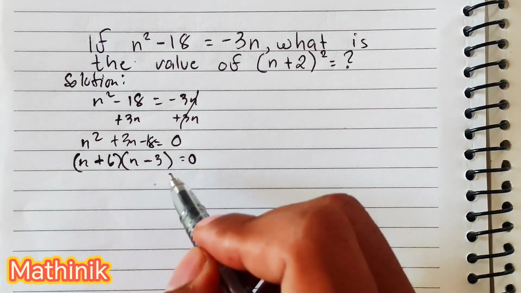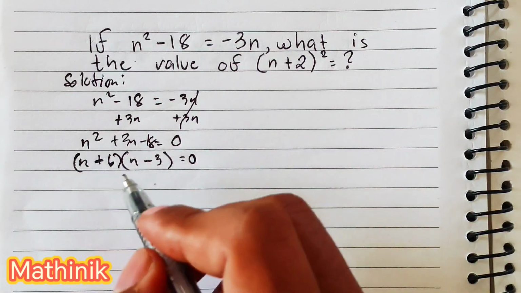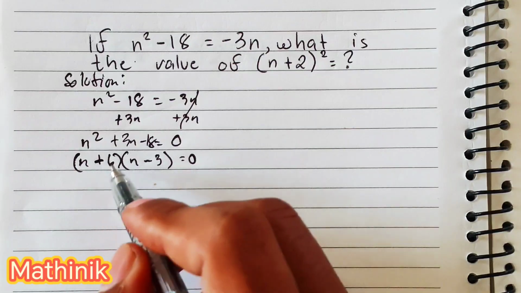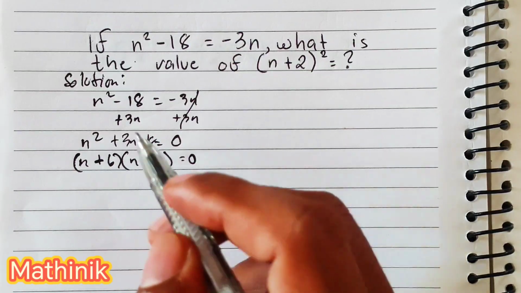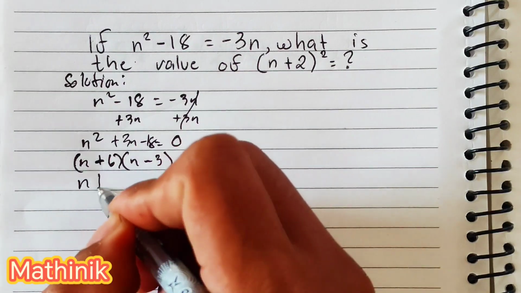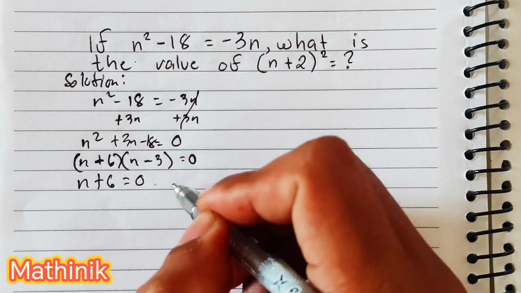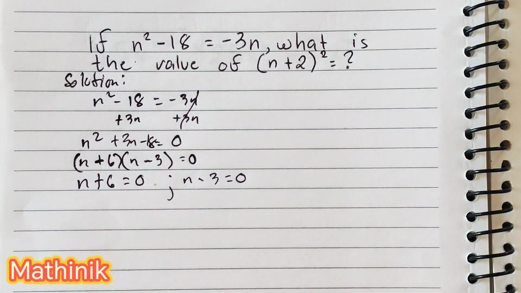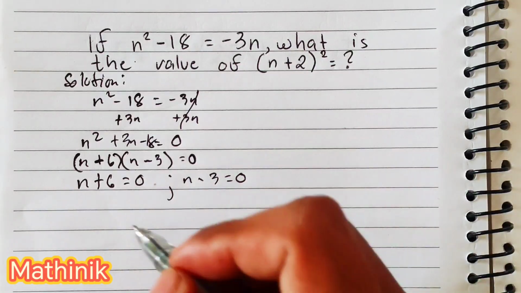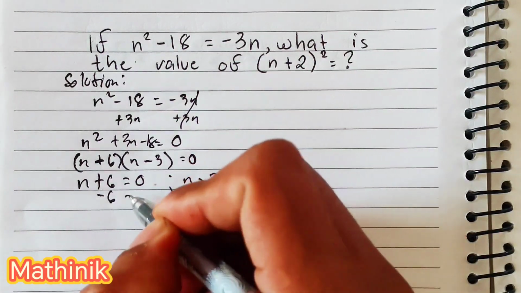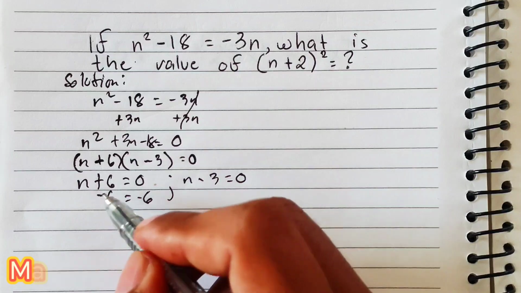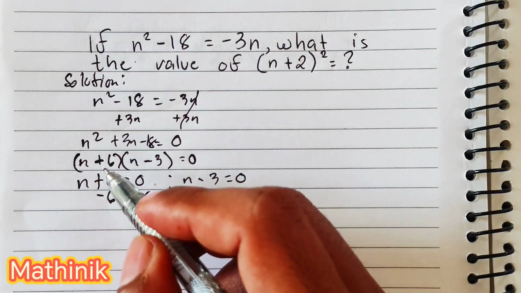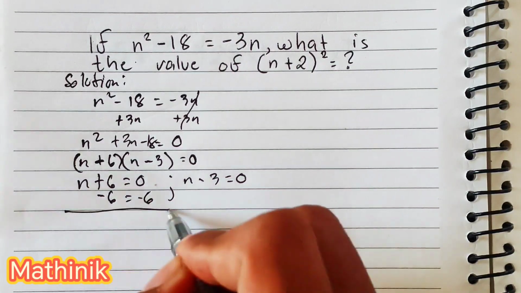Then we equate the two terms, these two parentheses. So we have n plus 6 is equal to 0 and n minus 3 is equal to 0. After that, we apply the addition property of equality by adding negative 6 to both sides.